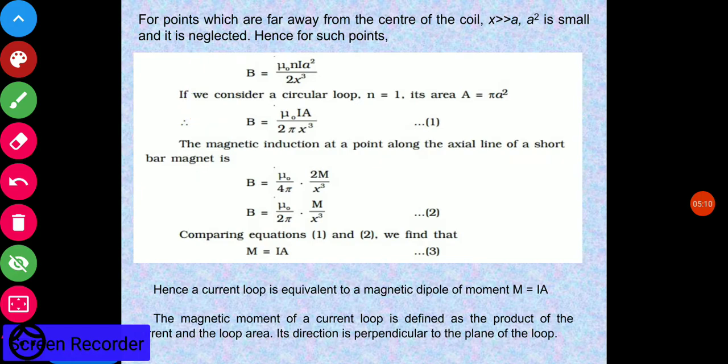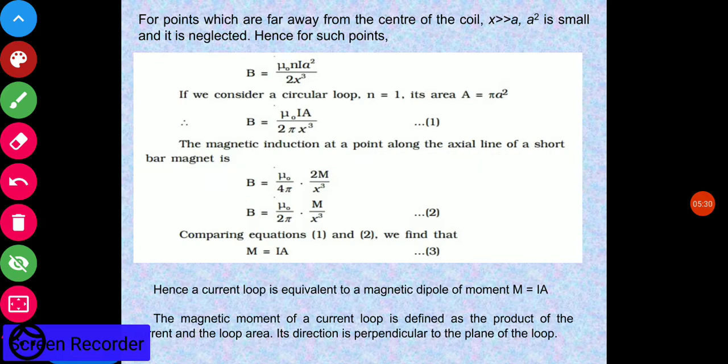Similarly, the magnetic induction at a point along the axial line of a short bar magnet is mu naught upon 4 pi into 2m upon x cube, or mu naught upon 2 pi into m upon x cube.